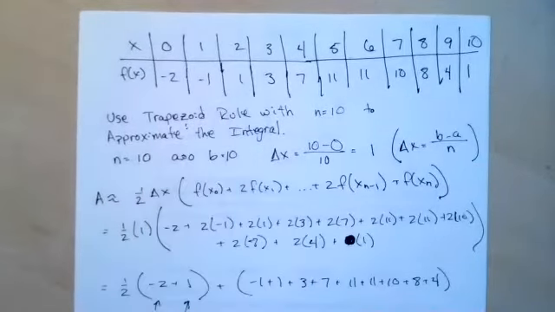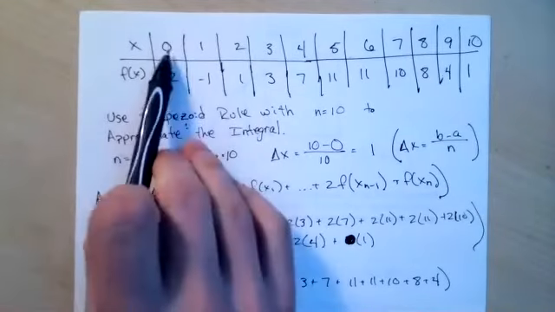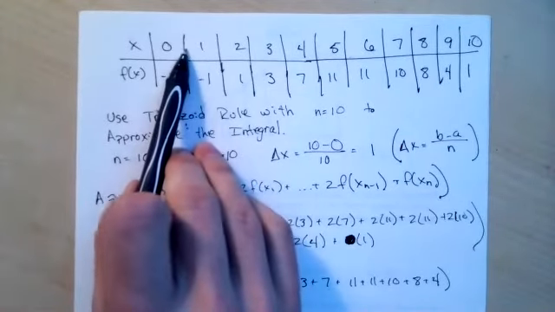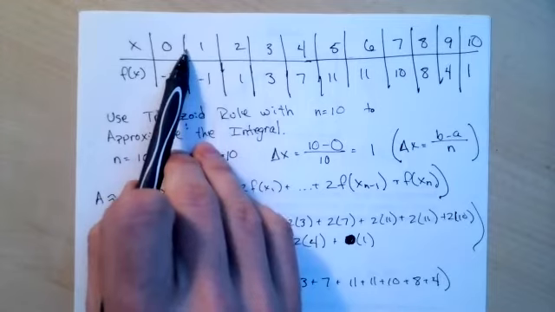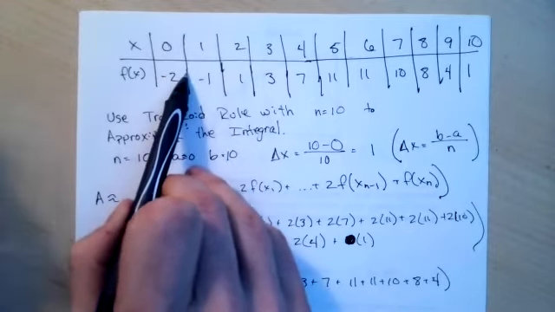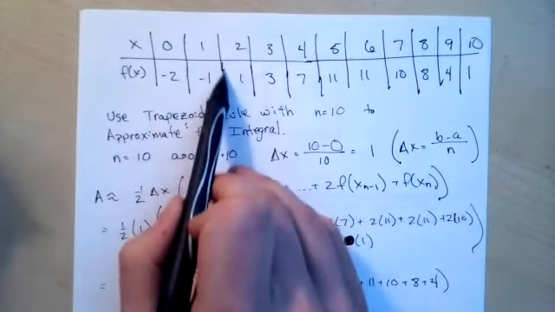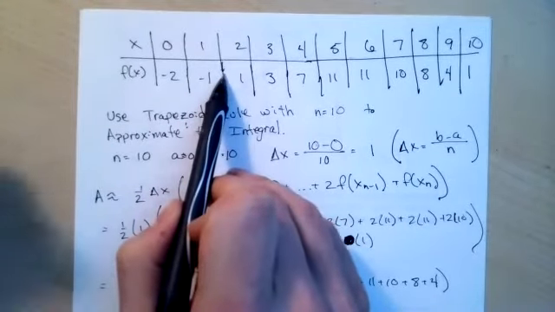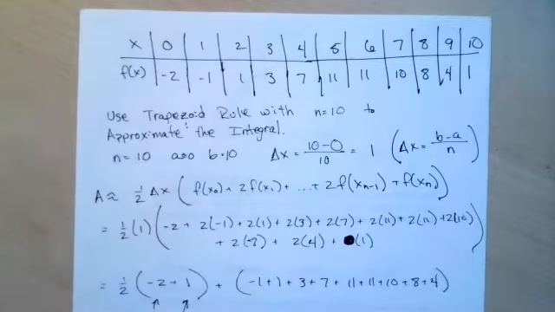What's the midpoint of each interval? Between 0 and 1, the midpoint is a half. Do we have a y value when x is a half? No, we don't have it. 3 halves, we don't have. So we cannot use 10 partitions for the midpoint rule given this table.